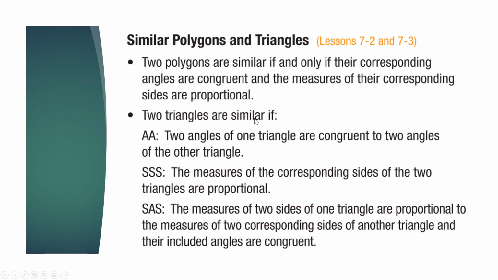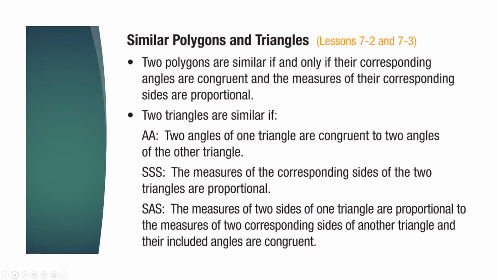Two triangles are similar by the angle-angle theorem, if two angles of one triangle are congruent to two angles of the other triangle, or by the side-side-side theorem, where the measures of the corresponding sides of the two triangles are proportional. And then side-angle-side: the measures of two sides of one triangle are proportional to the measures of two corresponding sides of another triangle, and their included angles are congruent, okay?